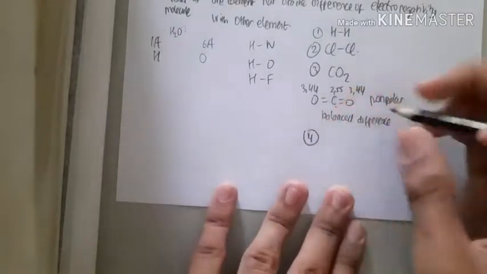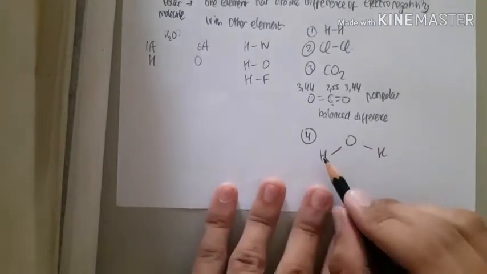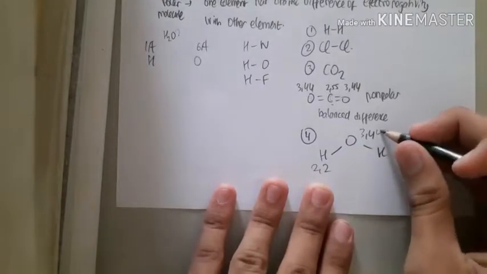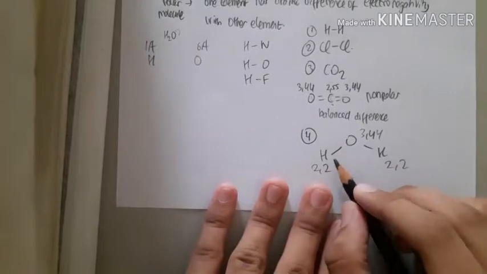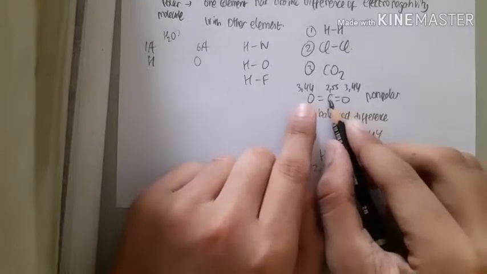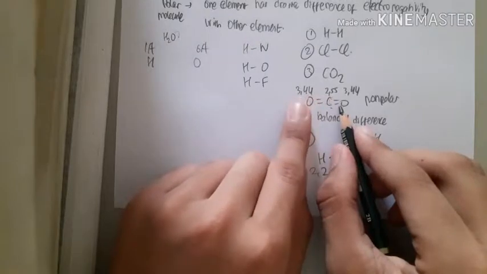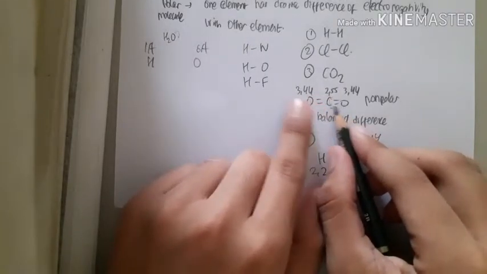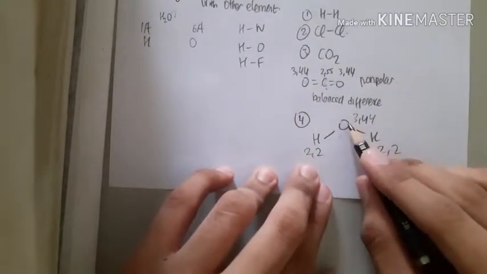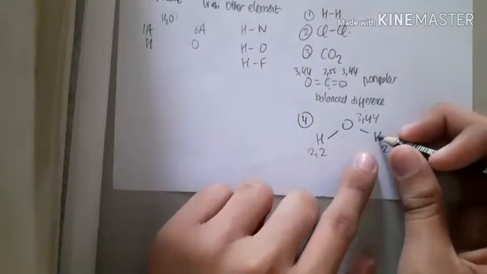While number 4 is actually H2O. Now you see that H has 2.2 and oxygen has 3.44. In CO2, one oxygen is trying to pull the carbon and the other oxygen is trying to pull the carbon too, so they are balanced, and no one is pushing over the other. While in this one, oxygen with higher electronegativity tries to pull H, and this H is also pulled.